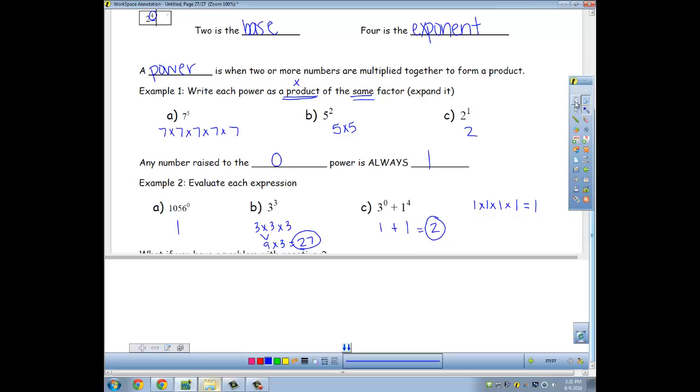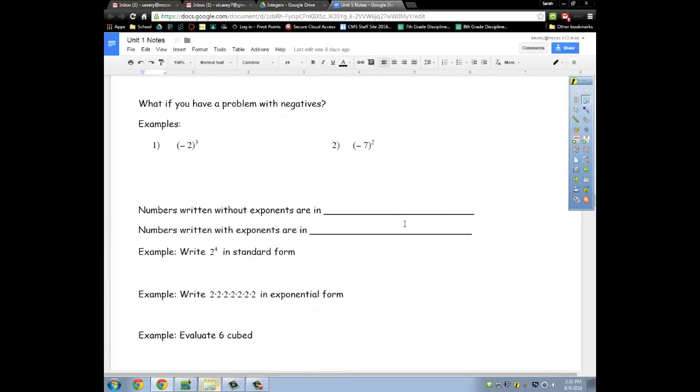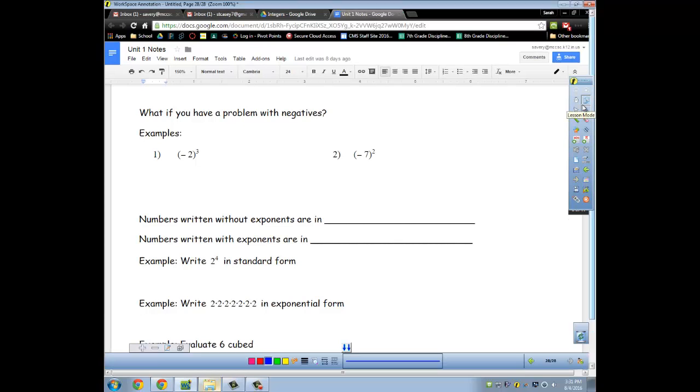Okay, moving down. Sometimes you might have exponents where the base is negative. It's still the same thing. So negative 2 to the third power means negative 2 three times. So negative 2 times negative 2 times negative 2. Negative 2 times negative 2, we have to think of our rules from yesterday.